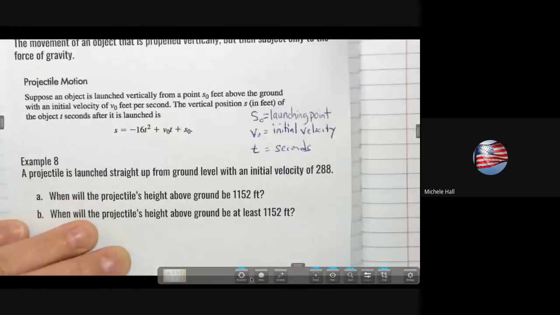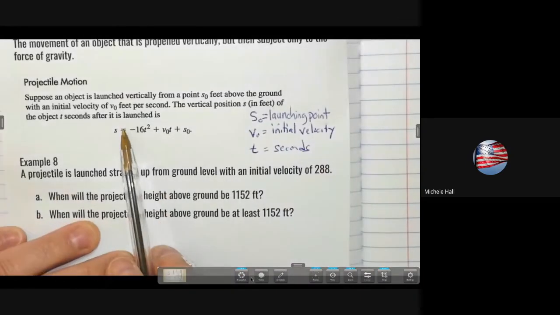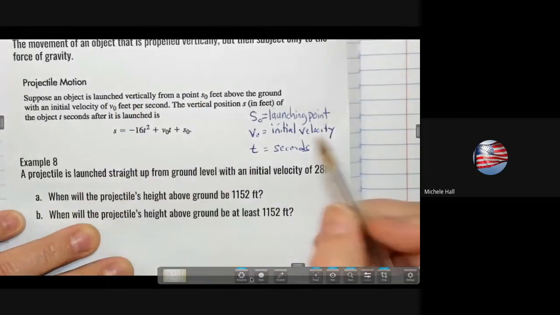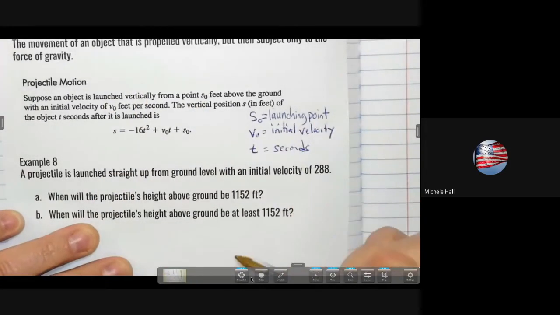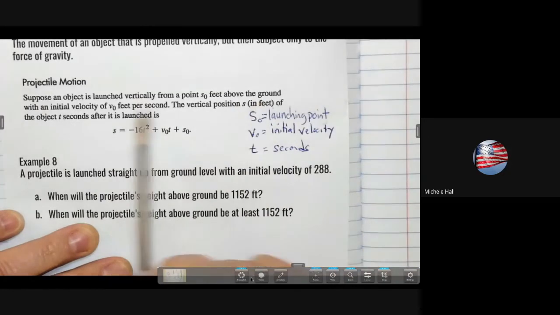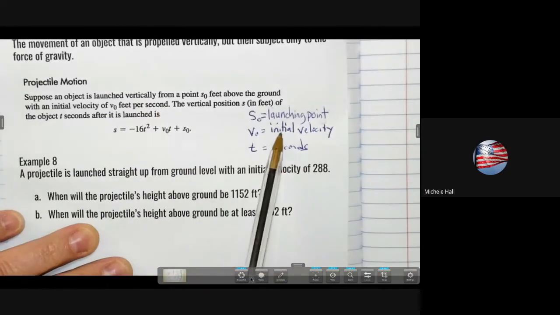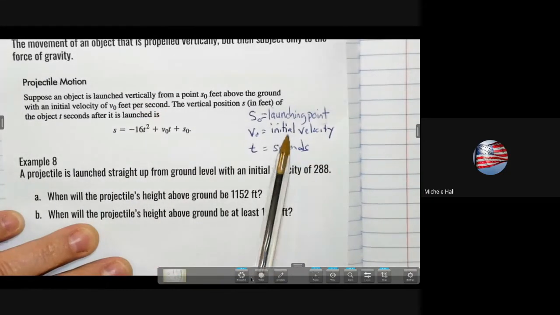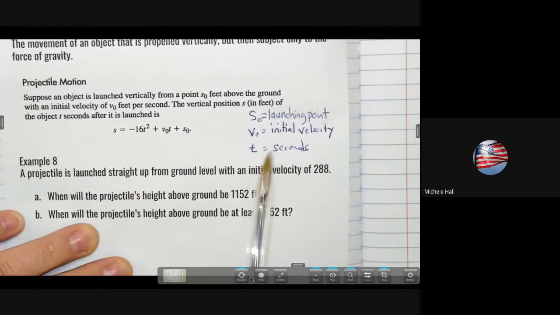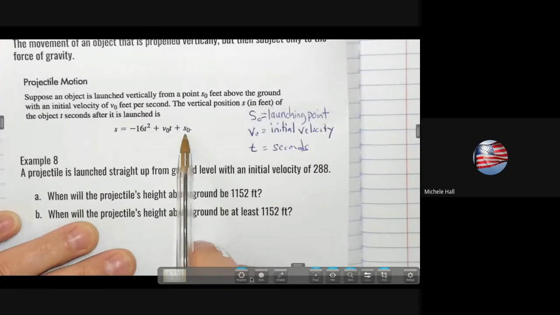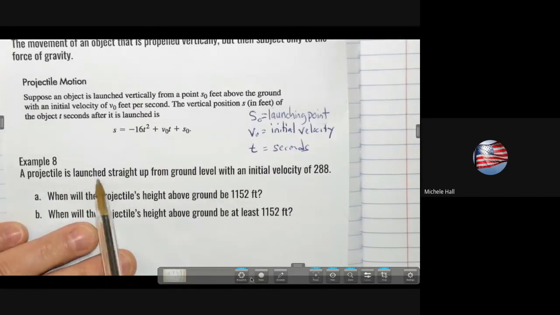All right. We know that launched vertically from a point, the launching point is s of 0. Initial velocity, feet per second, is v of 0, and t is seconds. All right, so we have t, seconds, velocity, and the starting point. A projectile is launched straight up from the ground level with an initial velocity of 288.